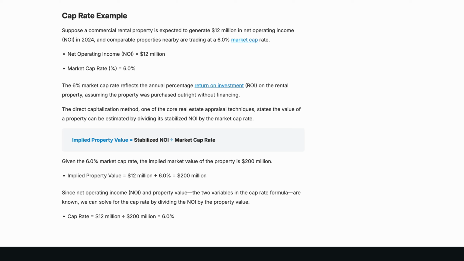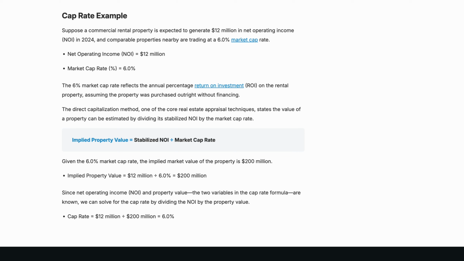The direct capitalization method, one of the core real estate appraisal techniques, states that the value of a property can be estimated by dividing its stabilized net operating income by the market cap rate. So the formula is implied property value equals stabilized net operating income divided by market cap rate.